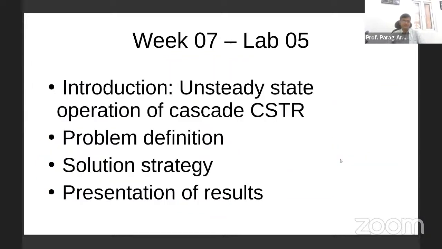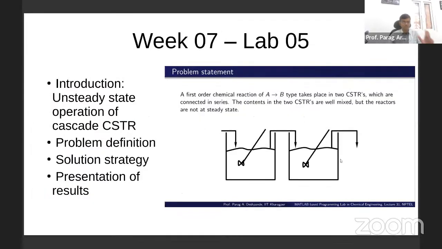Next, extension of ODE IVPs, where instead of one IVP, we use two IVPs. Right? So the system was unsteady state operation of a cascade CSTR. We went through the same procedure, we defined the problem properly, had the solution strategy in our mind, and presented results very properly.